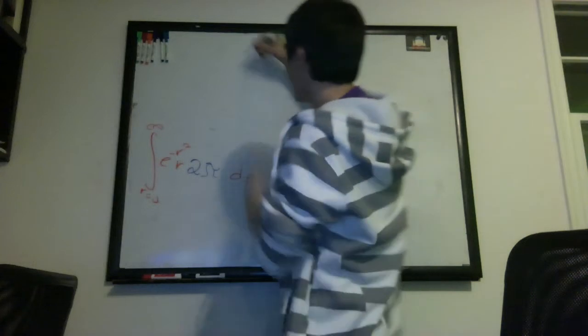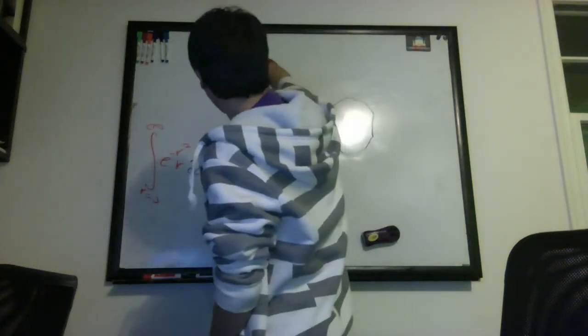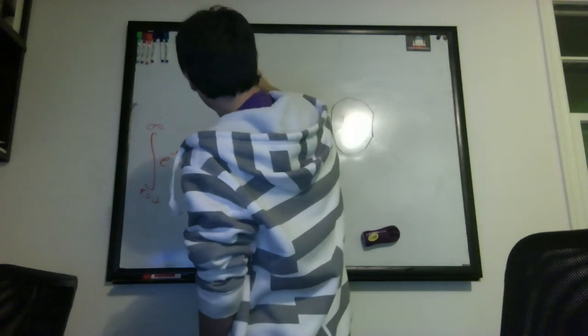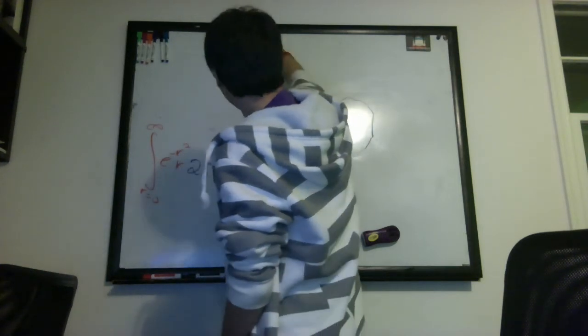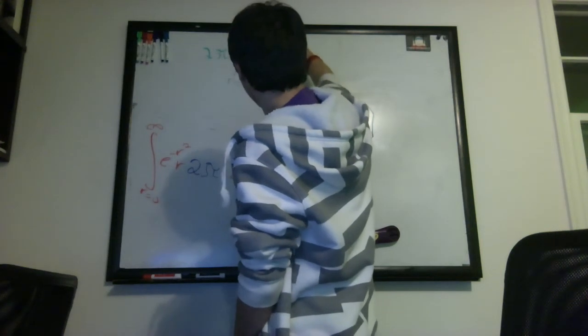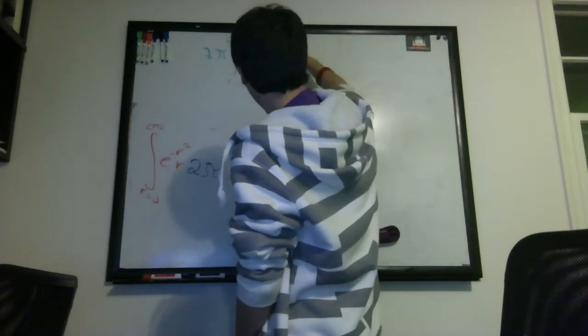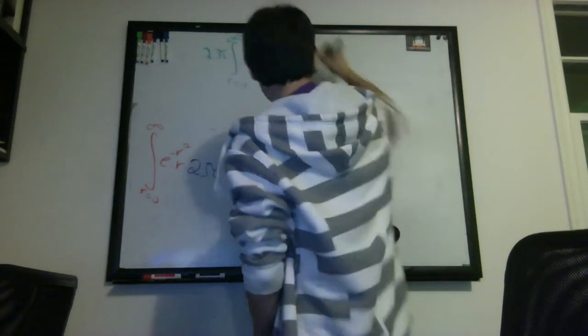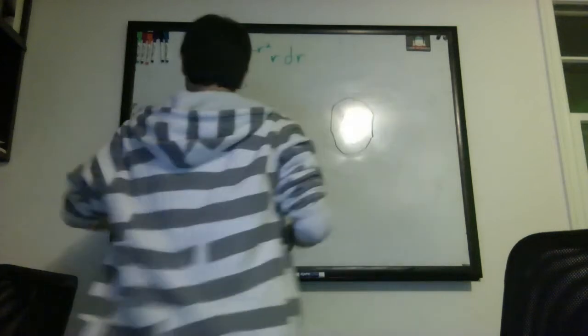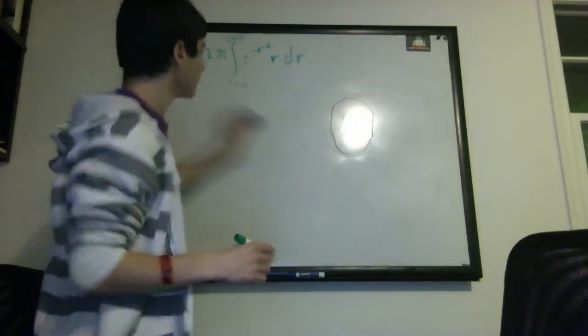So we have 2 pi times the integral from r equals 0 to infinity of e to the minus r squared r dr. That's our integral. Okay? So let's do a quick u sub.